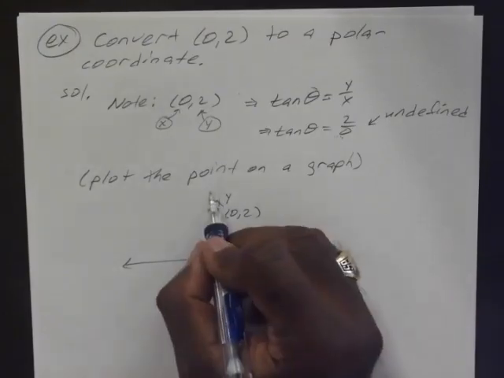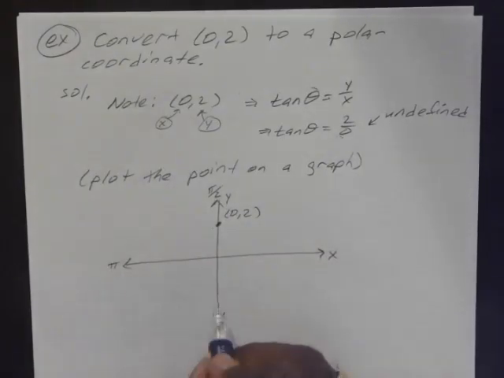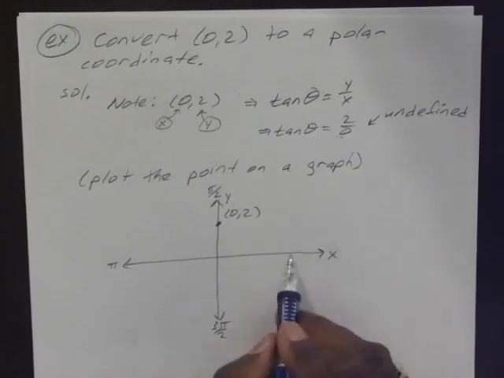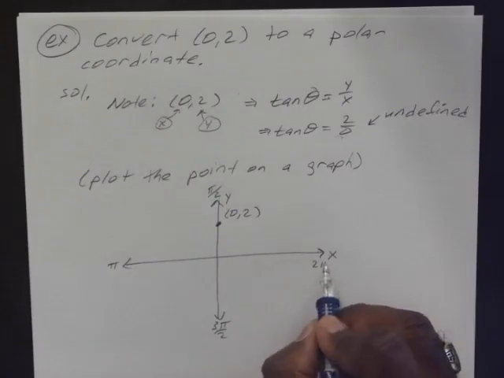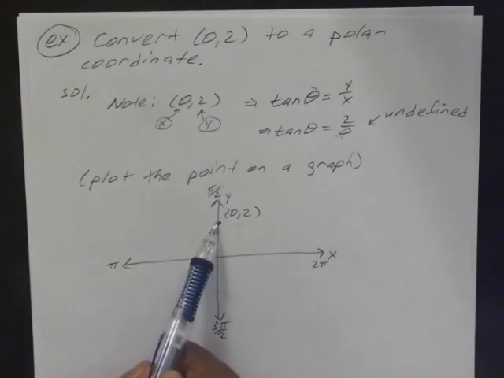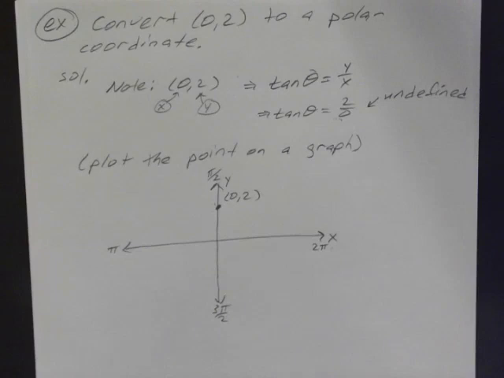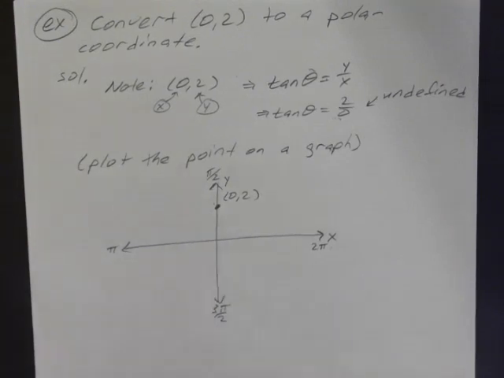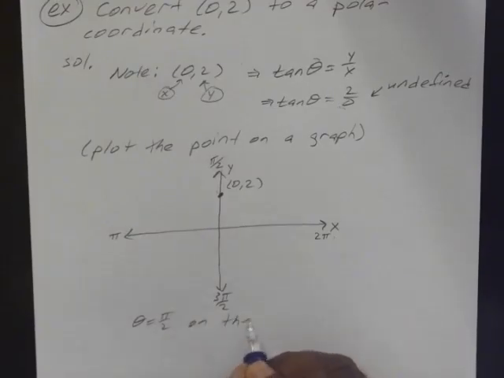Well, we know that this y-axis is pi over 2, pi, 3 pi over 2, and 1 full circle is 2 pi. So the point 0, 2, you're actually on the positive y-axis, which means that your theta is equal to pi over 2.